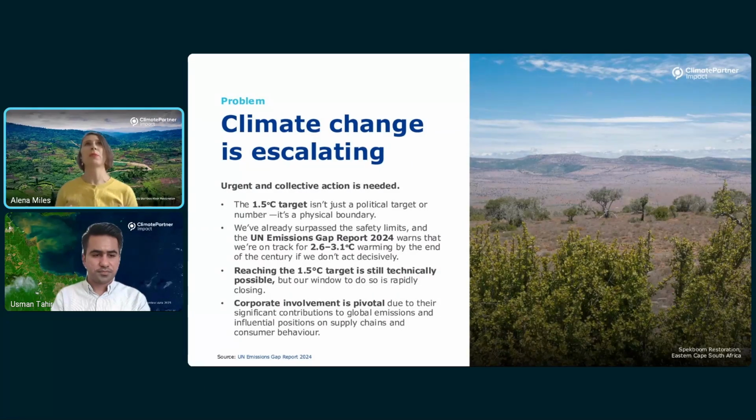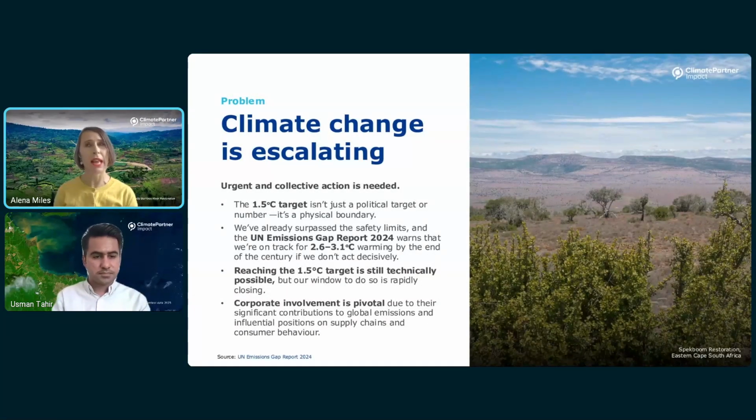What often frustrates me in having conversations with people that are not so familiar with the science is they think that the 1.5 degree target is some sort of political number that is just a made up target, and it's something to strive for. It's not so important. But of course, it's not. It is a physical boundary. And unfortunately, at the rate at which we are going at the moment, it's looking like we are going to have a very challenging time unless we act decisively to get there. In fact, we have already surpassed the safety limit.